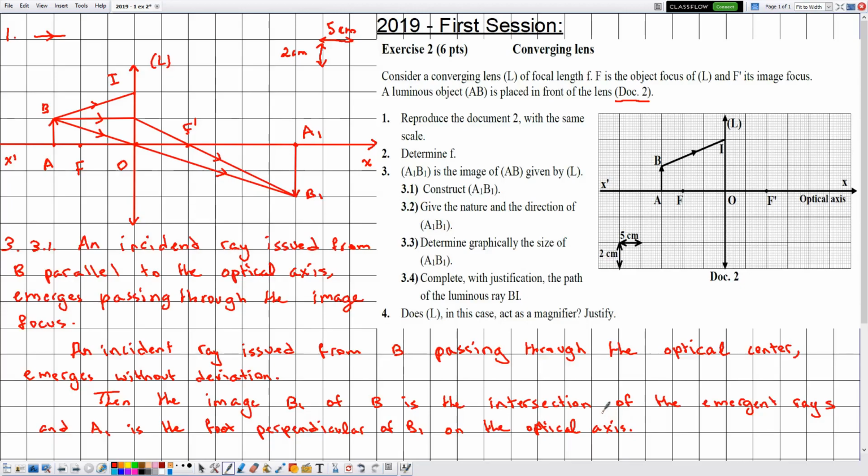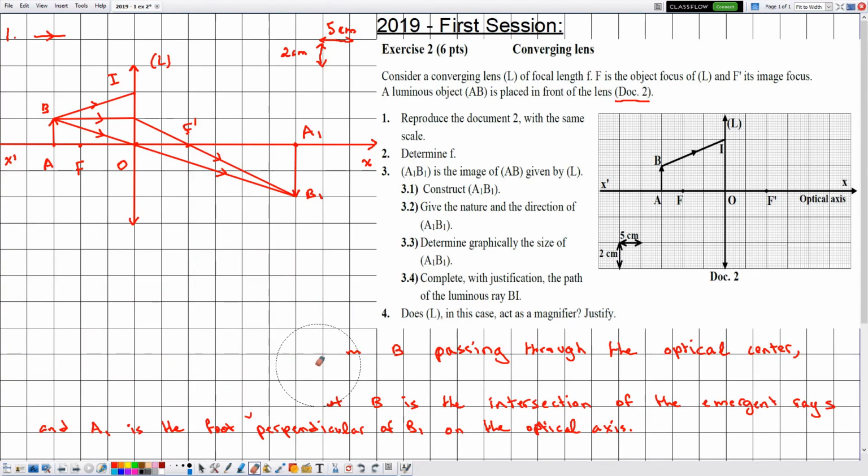So this is it for 3.1. In 3.2 they are telling me give the nature and the direction of A1 B1. Let me make some space. So now we are in part 3.2 and we need to give the nature.